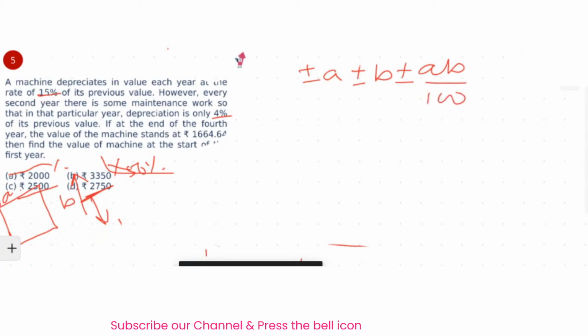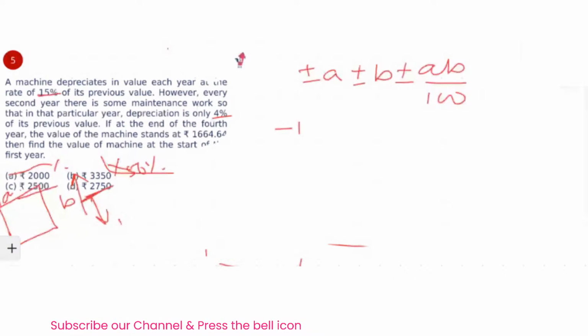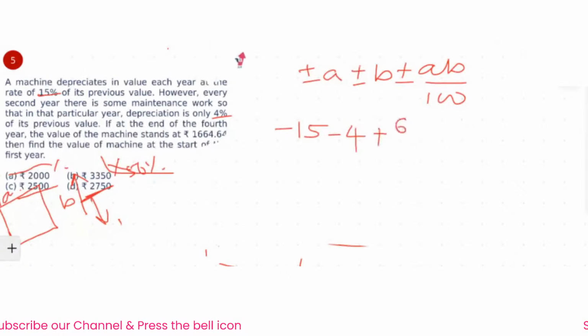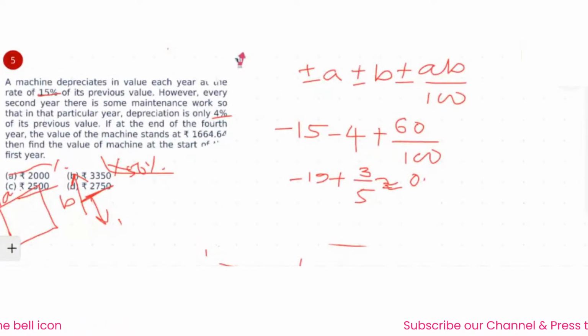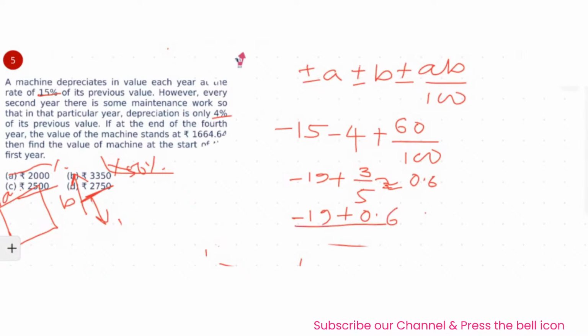By using this formula, you can calculate the net change during these 2 years, that is minus 19 plus 3 by 5. This 3 by 5 is actually 0.6, right? So minus 19 plus 0.6 is around minus 18 point something.